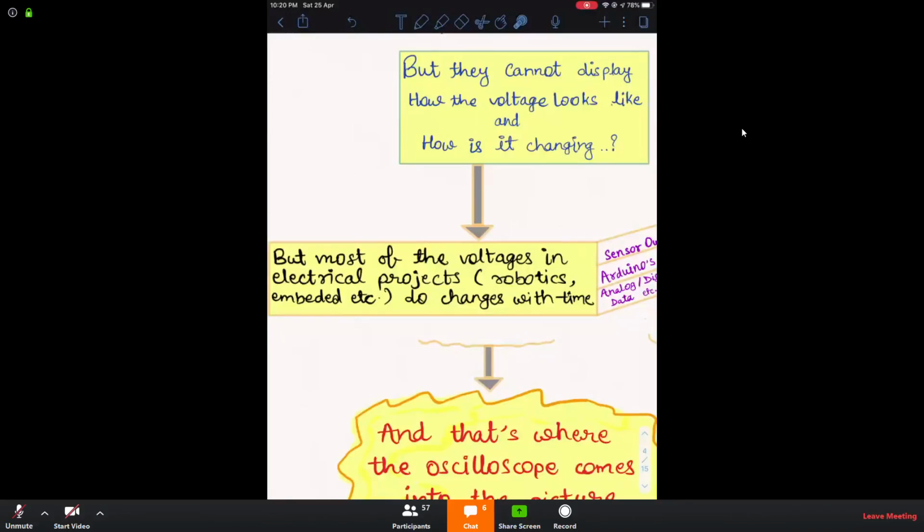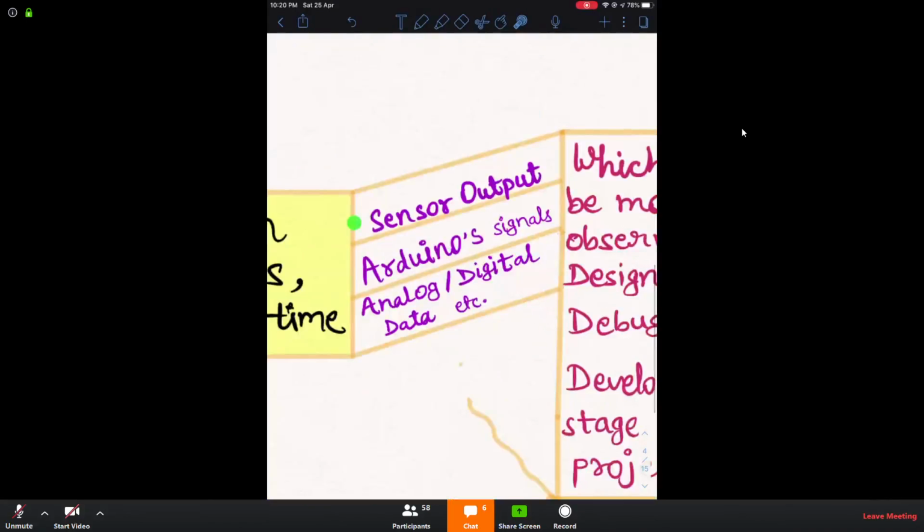The reason is that most of the voltages in electrical projects, like some projects on robotics, embedded systems, or Arduino, which you all are doing, involve a lot of sensors. Let's say you use an object detector, infrared sensor, PIR sensor, and so on. Let's take an example of an object detector.